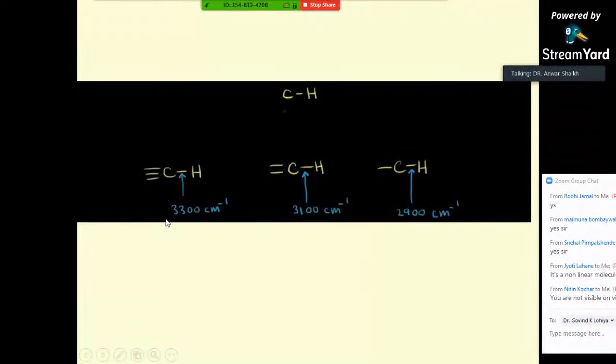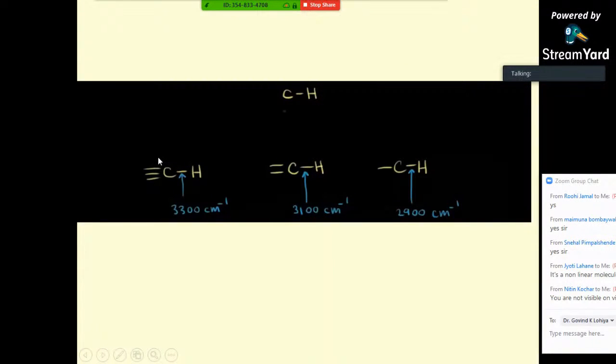So that gives a very nice idea about the structure. If your CH bond is connected to a triply bonded carbon, it indicates that it is an sp hybridized carbon. And you know that in sp hybridized carbon, 50% s character is there.